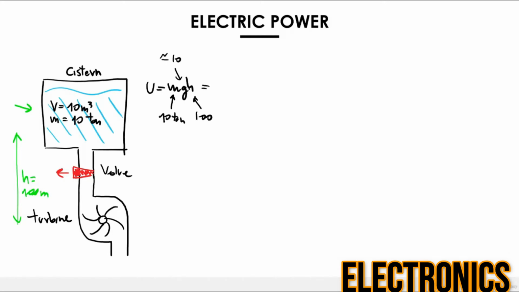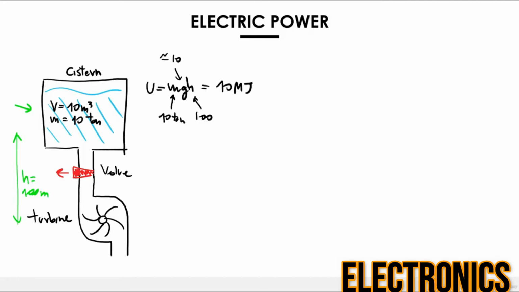So in the end, what you get is about 10 megajoules. This is the energy that is stored in the system that can be used to produce a certain amount of work. The way you produce the work, in this case, is by opening the valve, letting the water flow down, and turning the turbine so that the energy can be converted into electric energy.